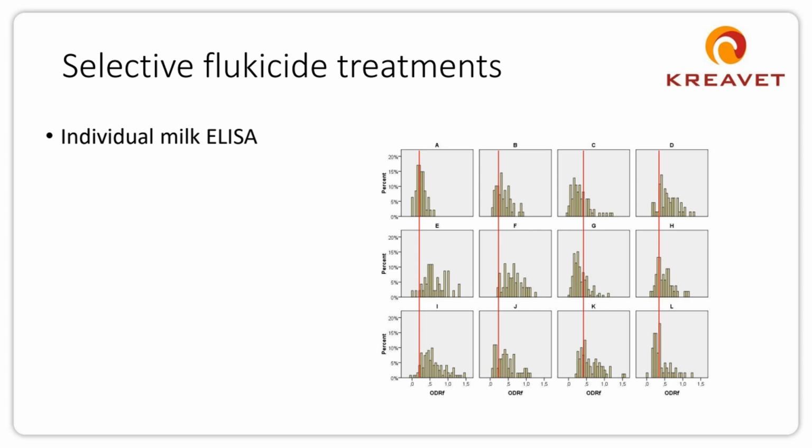You can see that in some herds, almost all the animals are positive, so would need to be treated. In this case, it would not add a lot of value to do the individual test. But in other herds, for instance this herd, the majority of the animals is negative, so would not need treatment. In these herds, it would be very beneficial to do the individual testing and then only treat the positive animals.